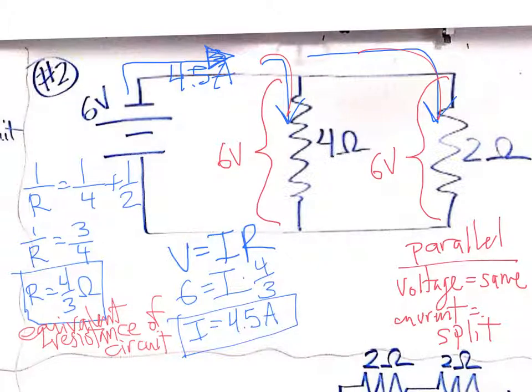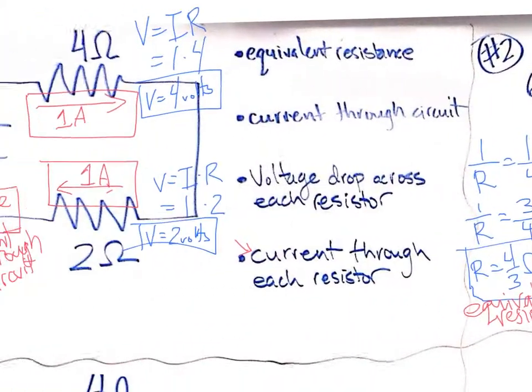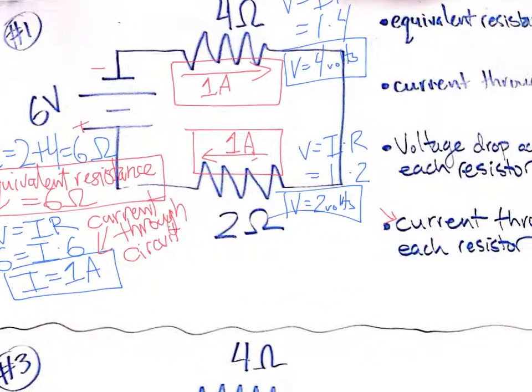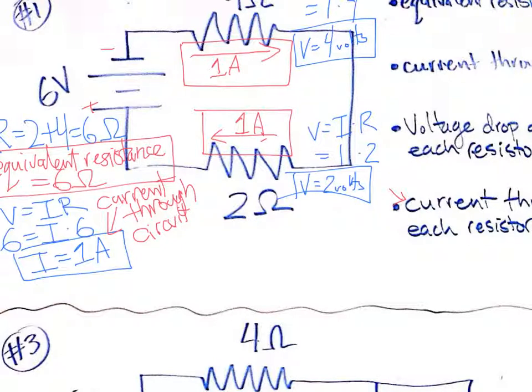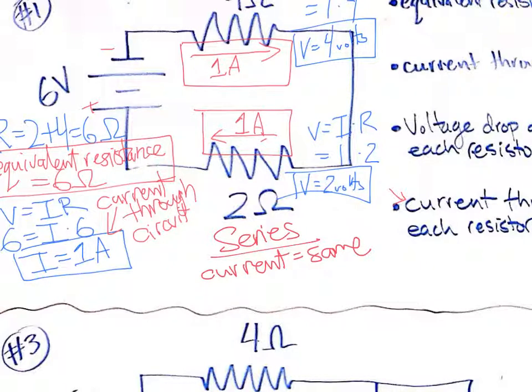And let's compare that to this situation. Here we had a series circuit, and in the series circuit the current through each resistor was the same. Okay, we had 1 amp and 1 amp.